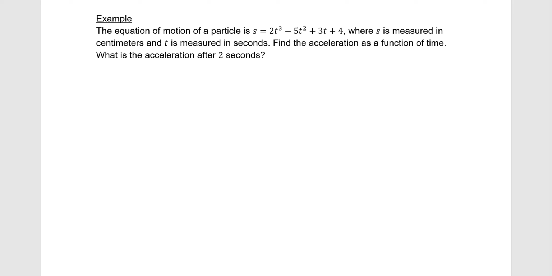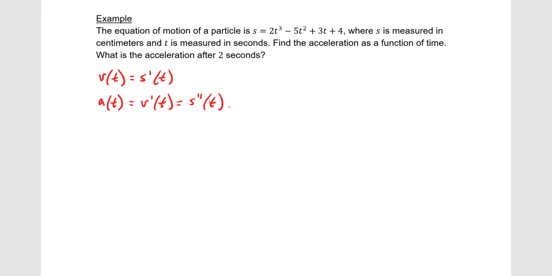So we need to use these two facts here. We know that velocity equals the derivative of position, and then acceleration is the derivative of velocity, which is the second derivative of position. So that means to find acceleration, we need to take two derivatives of that function.